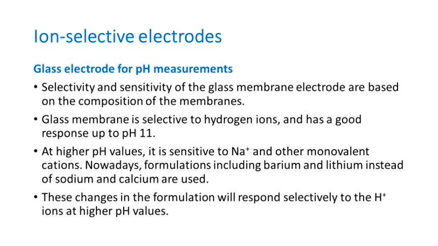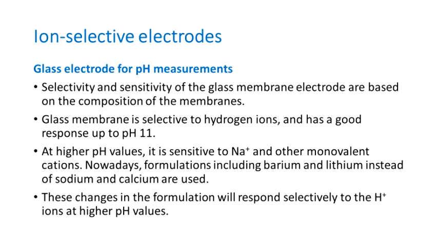Ion selective electrodes. This is a special type of electrodes, whose potential depends on one ion concentration. For example, glass electrode, it is ion selective electrode in respect to hydrogen ions.